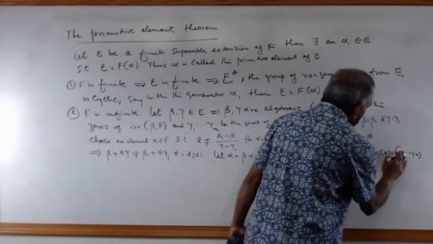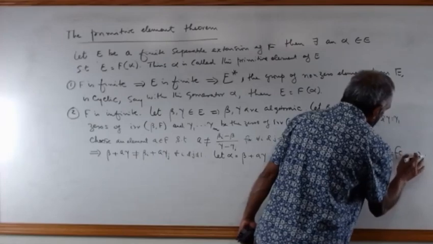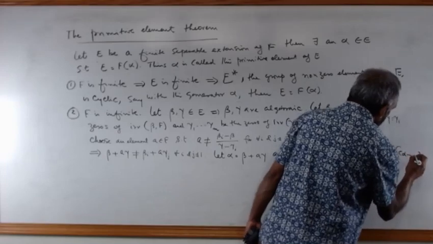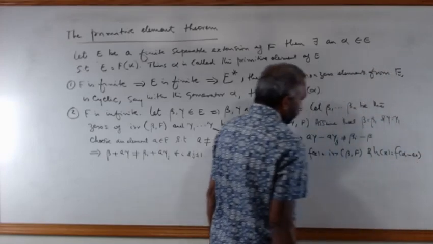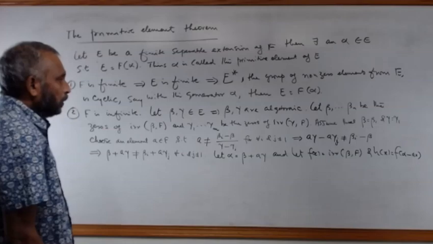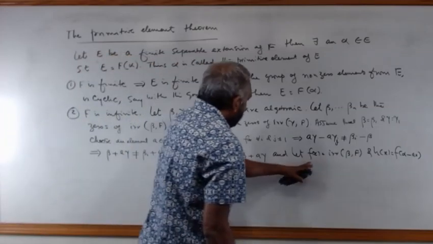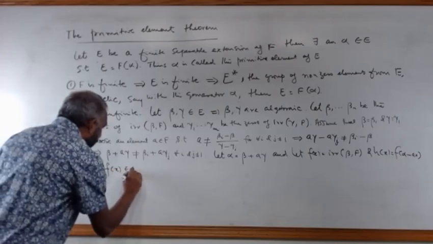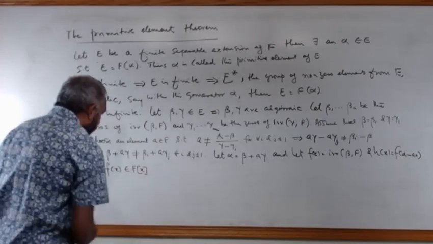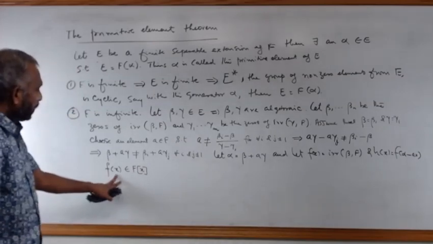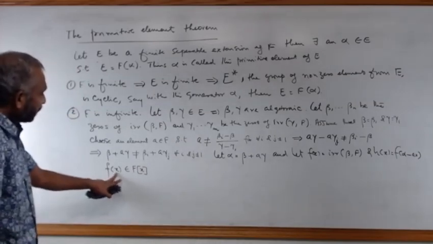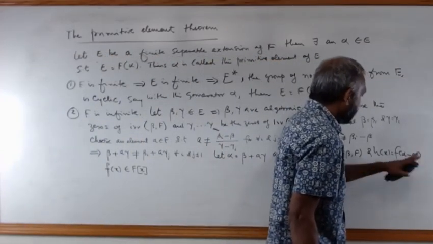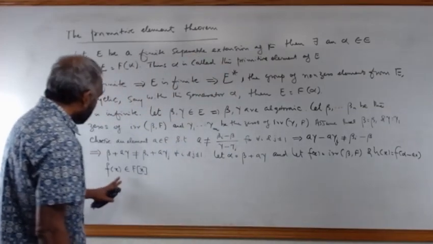No, actually this is going to be alpha minus ax. Now where is this f? F of x belongs to f of x. And replacing x with alpha minus ax, what does that mean?